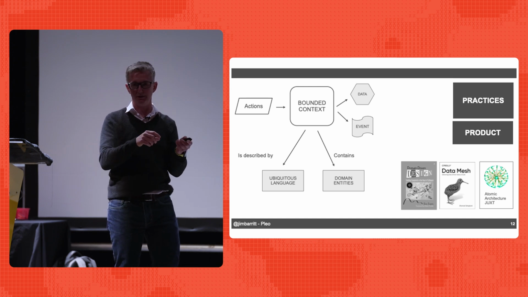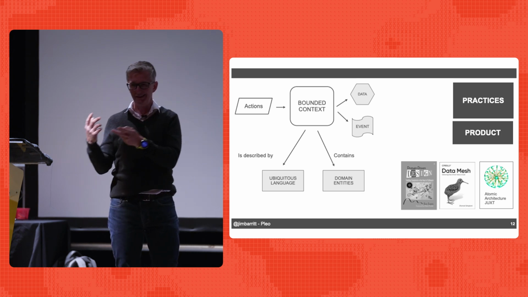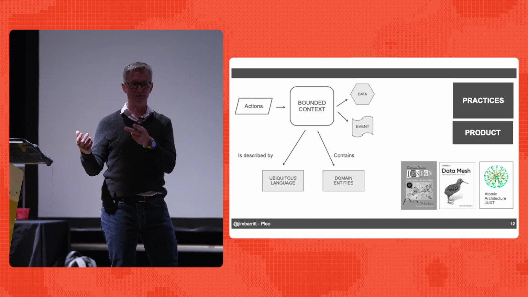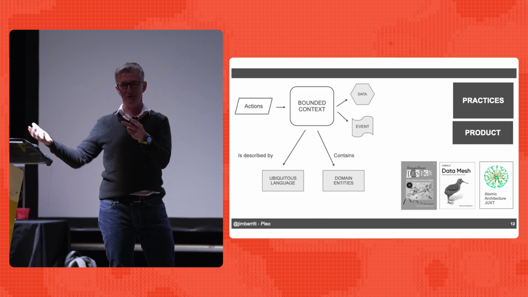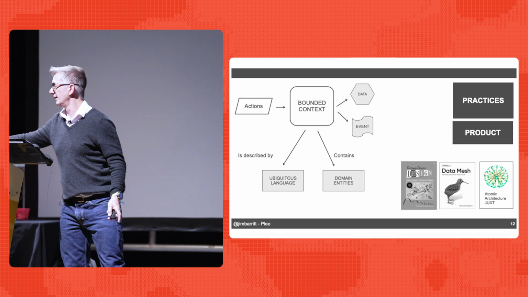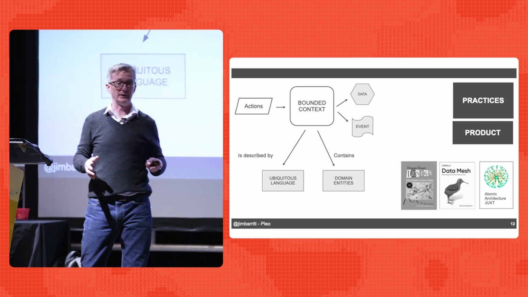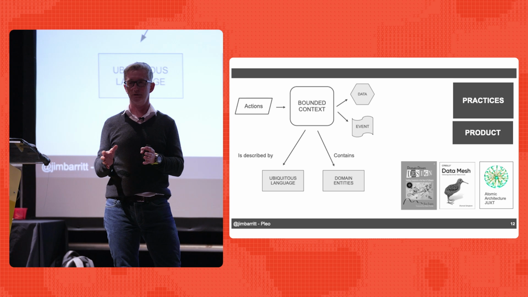Generally you can perform actions on it, so you can ask it, create me an order. And these days, the ways of communicating to other systems are either firing out events, in some kind of event-driven approach, or accessing the data that comes out of it, and in data mesh terms we'd think of those as data products.